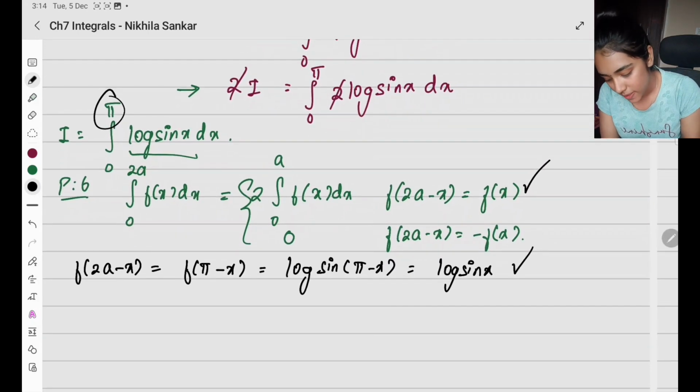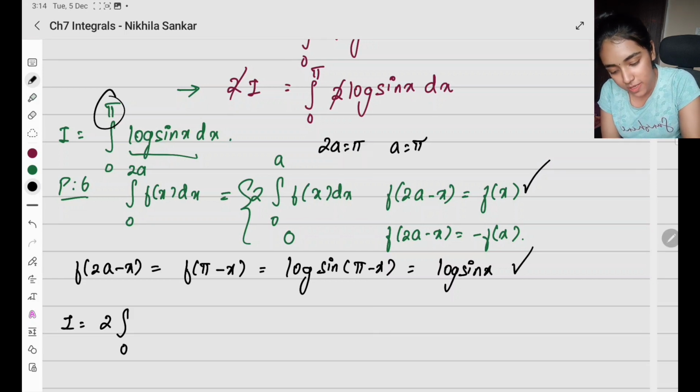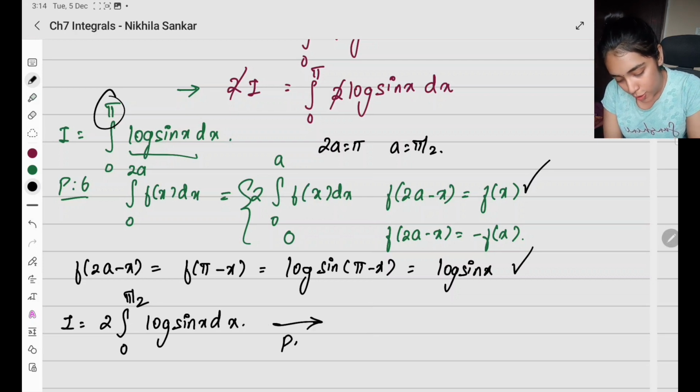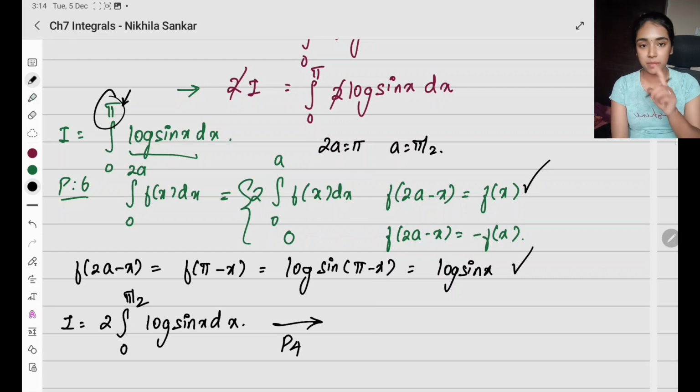So I can write the given I as 2 times integral 0 to a, where 2a equals pi. So a equals pi divided by 2. So I have pi by 2 log sin x times dx. Now I am going to use property number 4 again. Here, we use property number 4, so pi minus x will come.